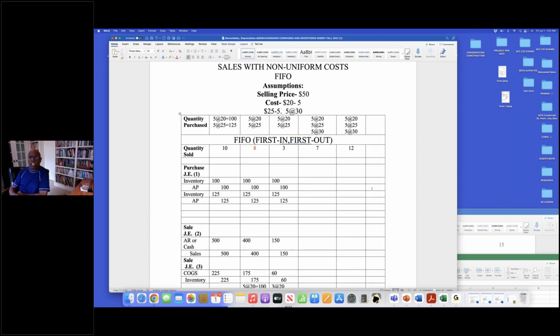Okay, I've got 2 scenarios I want you all to work on. Take about 10 or 15 minutes. We're now purchasing 5 at 20, 5 at 25, and 5 at 30. Go through the scenario and tell me what the gross profit is if in the first situation we sell 7, then in the next situation we sell 12.